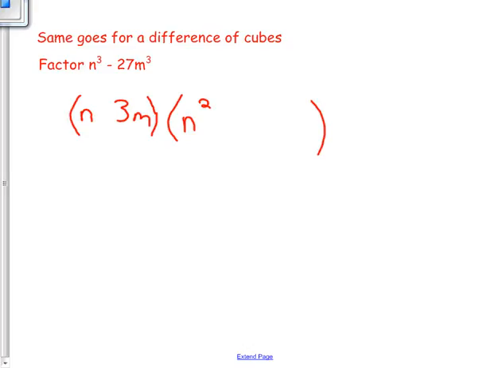Square the first term, square the second term, and you have 3m in the middle there, so you multiply the two together. 9 in the back, because our second term is 3m, you have to square the whole thing. And our signs? Same, opposite, and always positive.